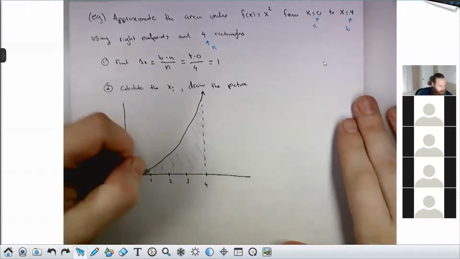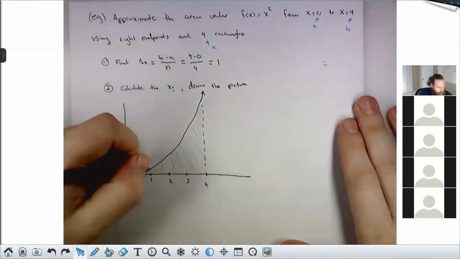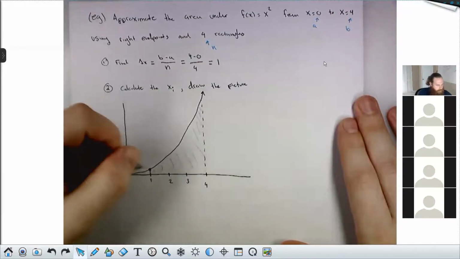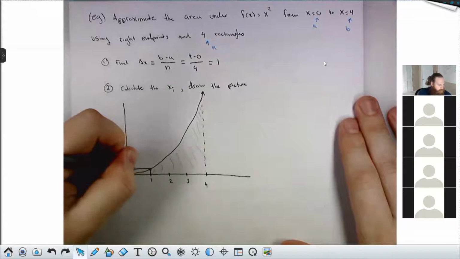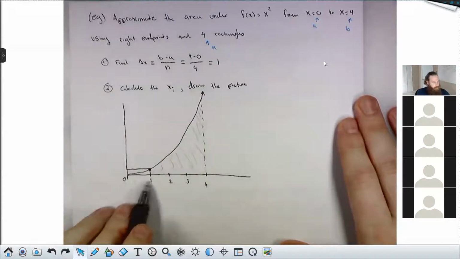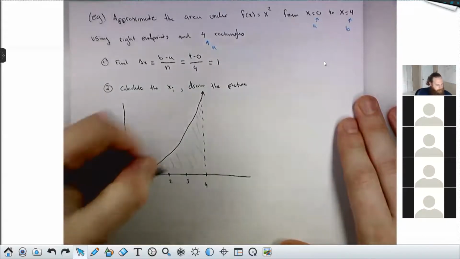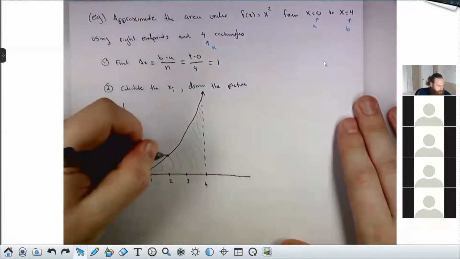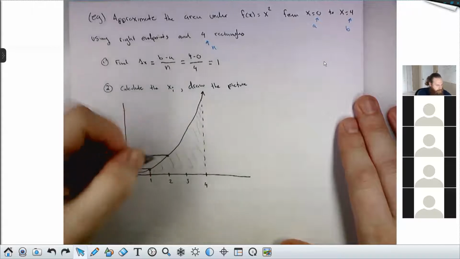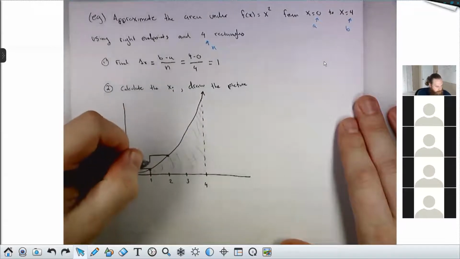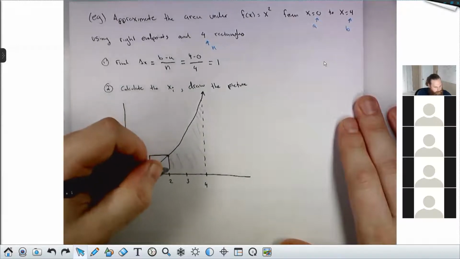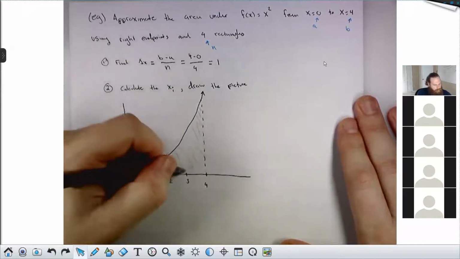So my first rectangle, his height is going to come from the right endpoint of that first subinterval. That first subinterval is 0 to 1. My second rectangle, his height is going to come from the value of the function at the right endpoint of the second subinterval. The second subinterval is the interval from 1 to 2, and so on.